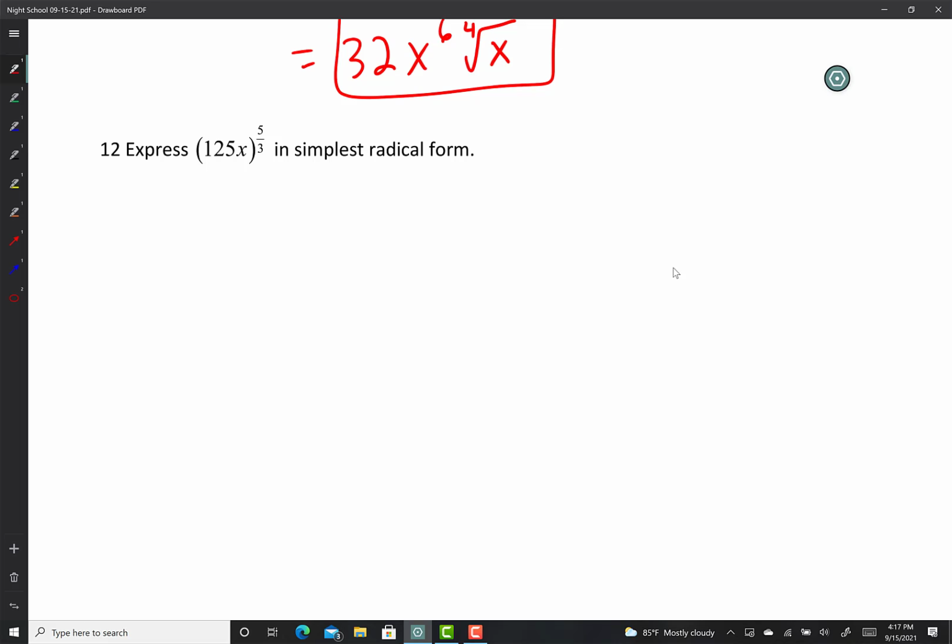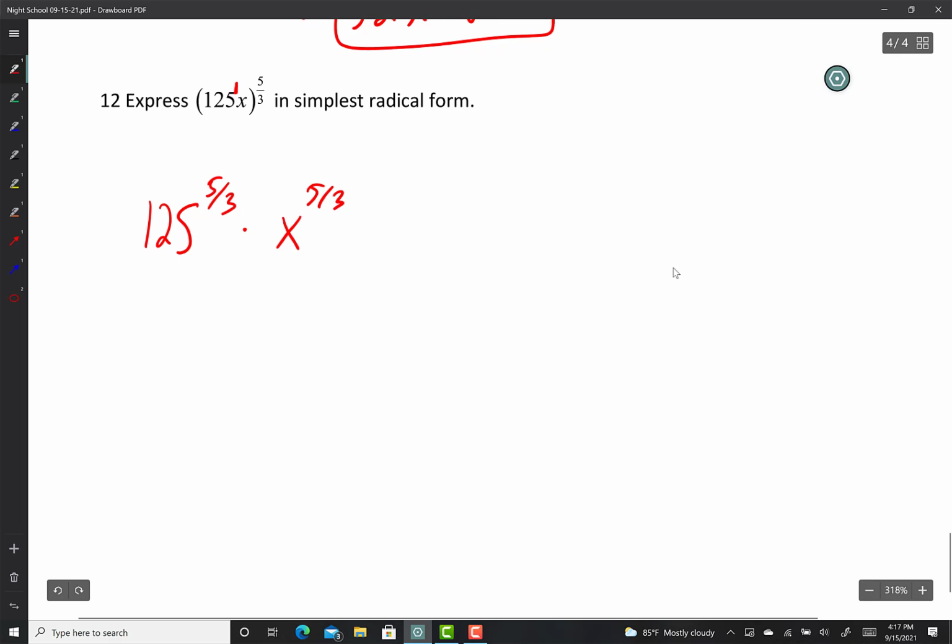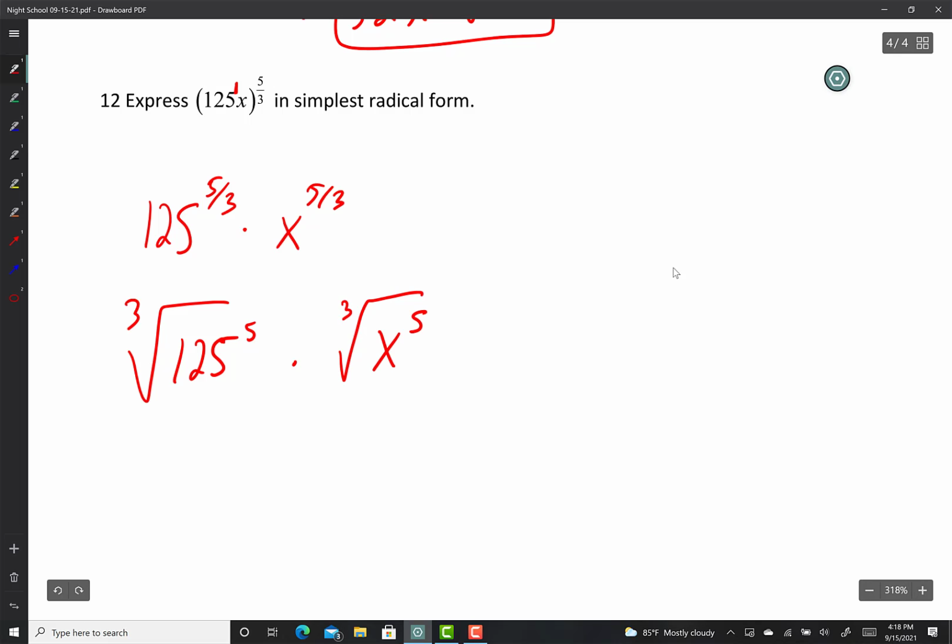So now we're getting into kind of big numbers. 125 to the 5/3 times x to the 5/3. All right, let's see what that means. Third root of 125 to the 5th power times third root of x to the 5th power.